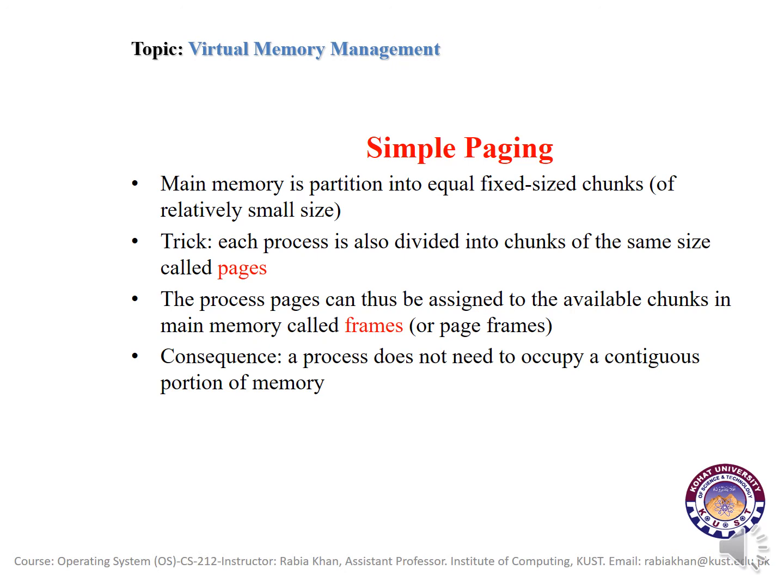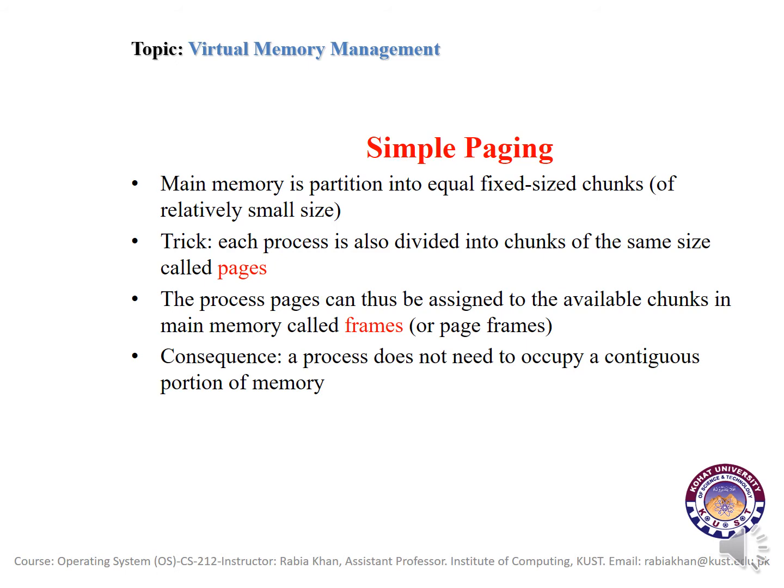When main memory is divided in equal fixed size partitions, where partitions are kept in small sizes, in order for processes to be stored in them, it is required that processes should also be divided in equal sizes of chunks.